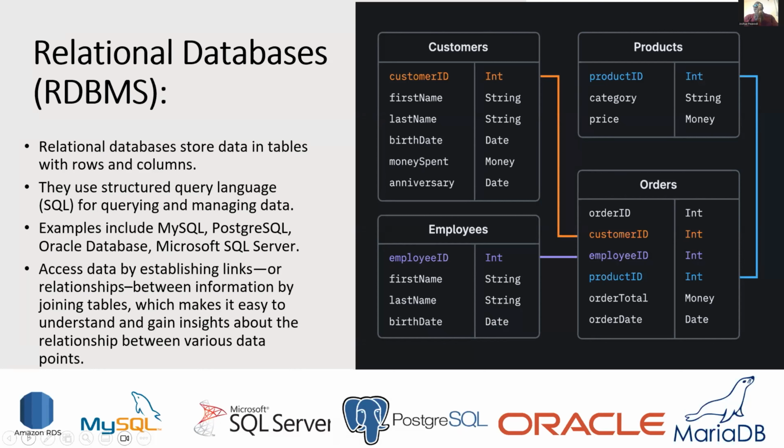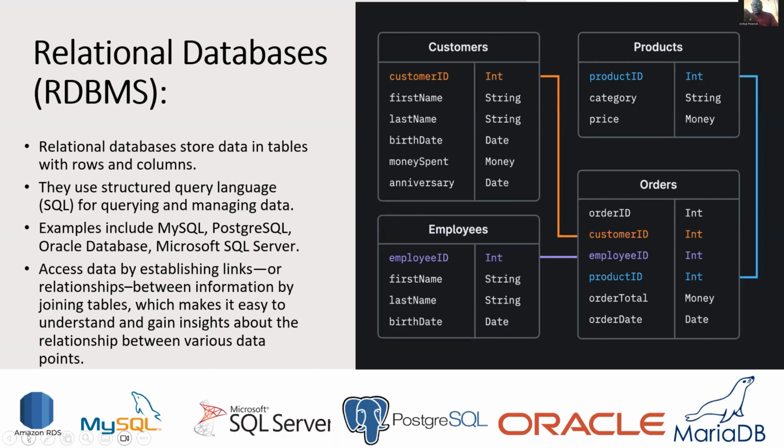But in the case of relational databases, you can break this big Excel sheet into chunks of tables which can relate to each other. For example, at the top right corner of the screen, we have information on customers, employees, orders, and products.